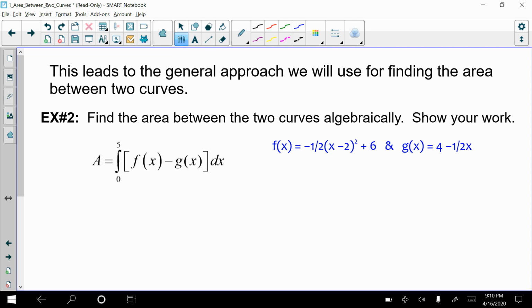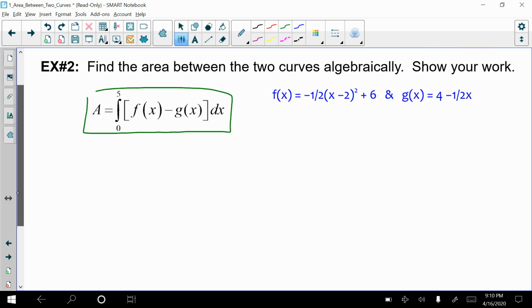Now we're going to look at how we could do this without having to go through quite so much work, without having to do two distinct integrations. We can use our properties of integrals and write it where we're taking the difference before we actually do the integration. So let's see how this one is going to work out.